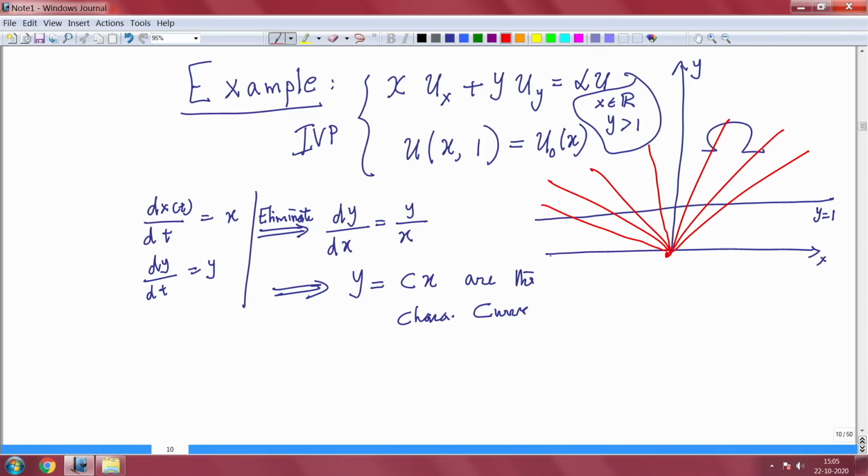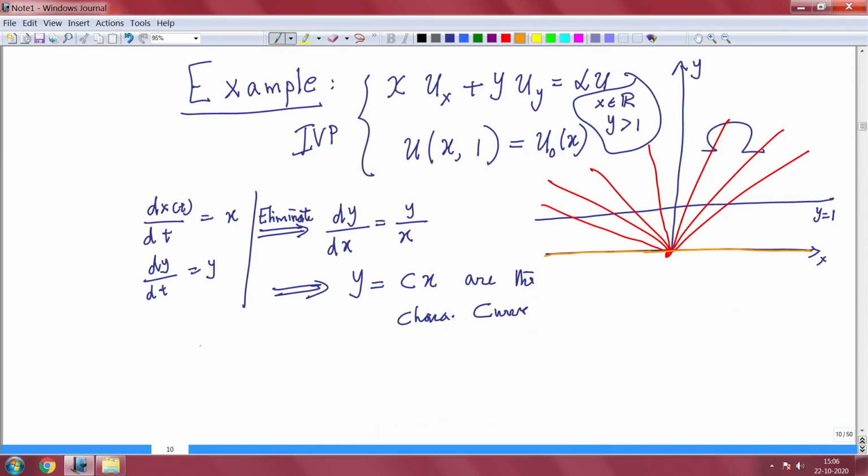So, naturally you have trouble here, because if you give the initial values on the line y equal to 0, the characteristics are not meeting. That is due to the singularity appearing in the coefficients of the PDE. This kind of trouble you can anticipate, but on the other hand all the characteristic curves intersect the line y equal to 1, and you can now solve it.